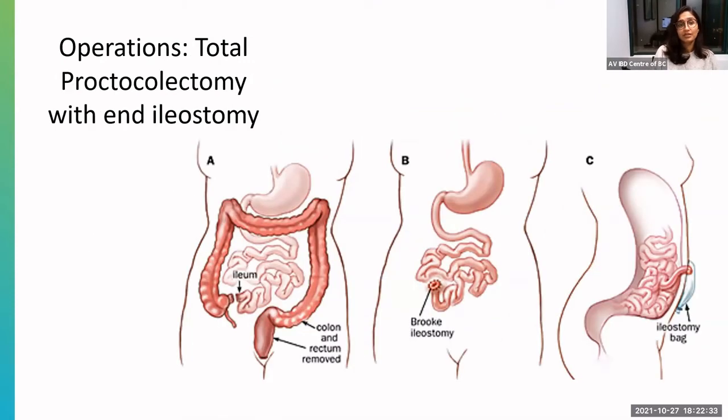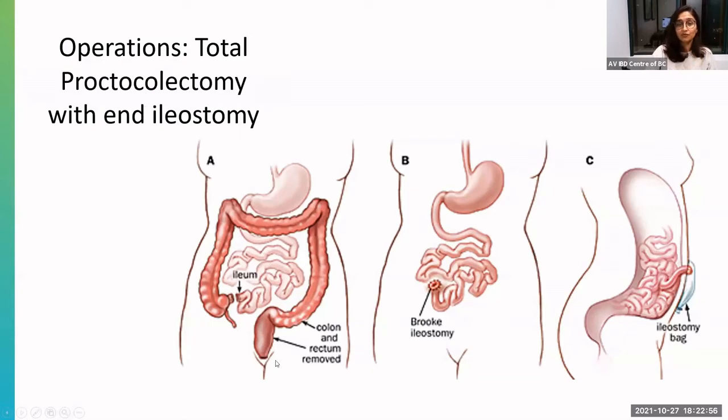Another operation that we can perform for patients that have disease limited to their colon, but also including the perianal region. If they have perianal Crohn's and Crohn's colitis, meaning it's limited to just the colon, they can also be a candidate for what we call a total proctocolectomy with an end ileostomy.